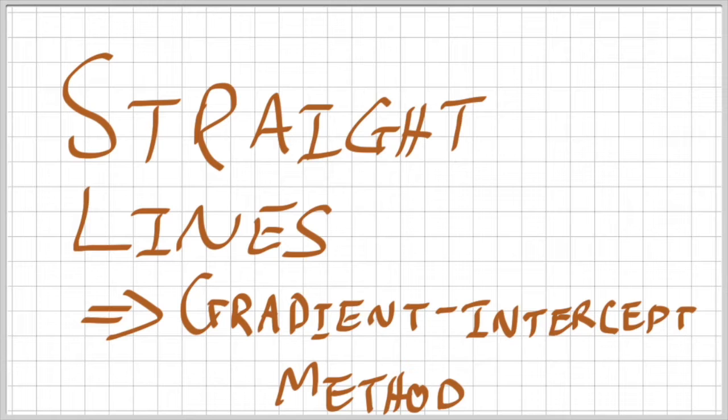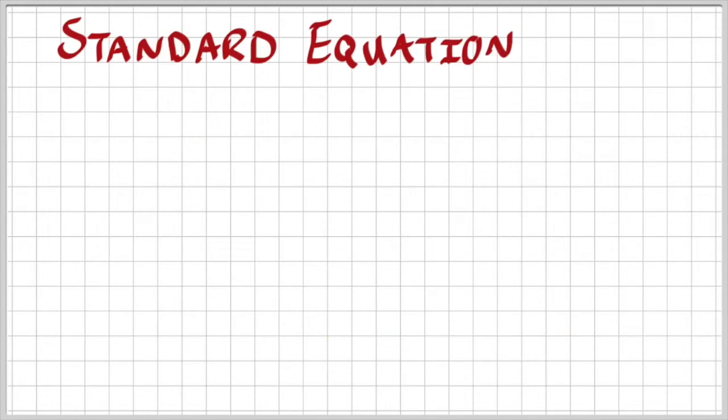So this is a very, very important video because it starts off with studying the standard equation of a straight line. The standard equation of a straight line is a function in the form y equal mx plus c.